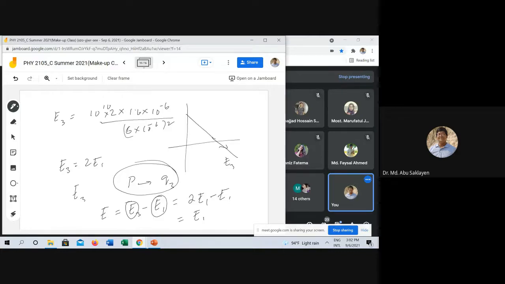Okay? Similarly, you will get the direction of E2 along this. This is E2, and E2 and E1 are the same. So now you will get the field with direction.